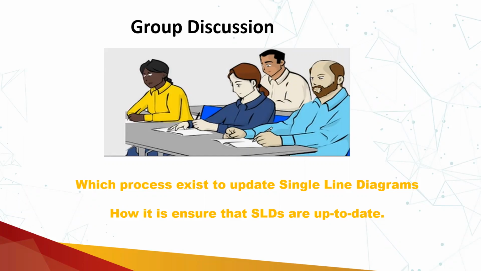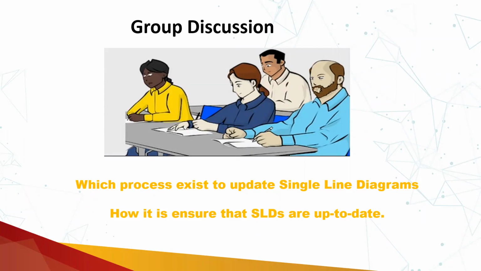For example, before, the cable was going from substation A to substation B. Now there is a new substation C, so the cable needs to be cut in between, and now the cable will be diverted from substation A to C, and then from C to B. Previously it was directly from A to B. Now the cable has been redirected from A to C and then C to B.